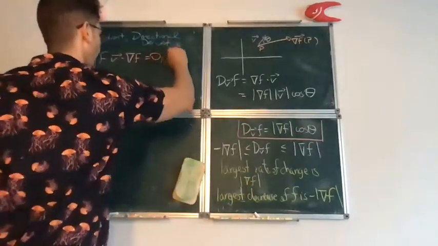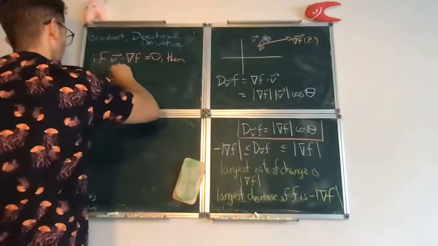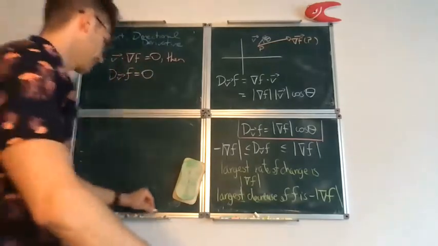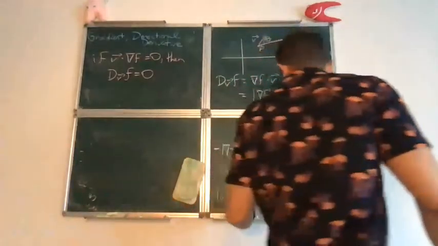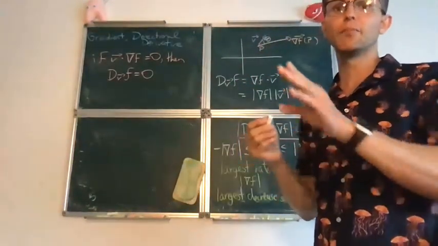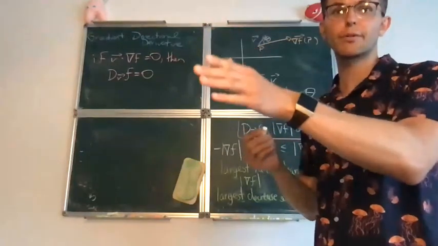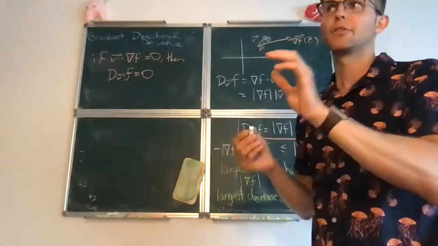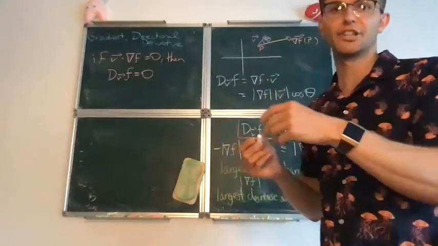And so what that means is that instantaneously, if you move perpendicular to the gradient, you just don't record any change in f.